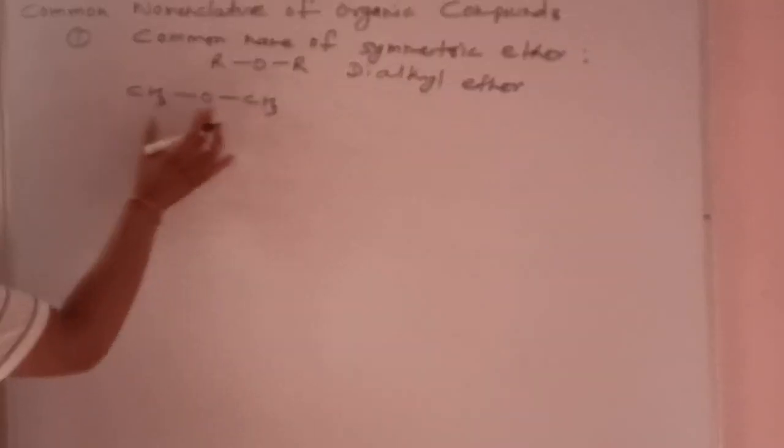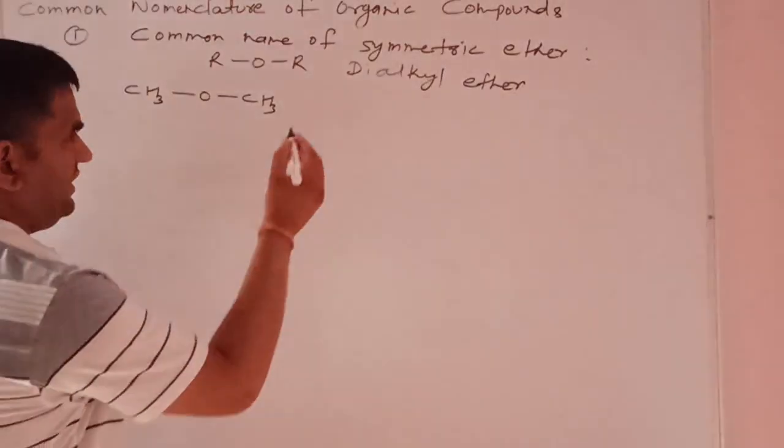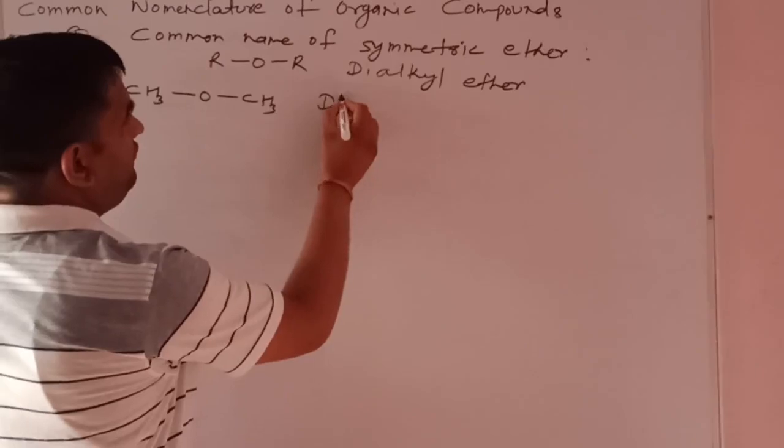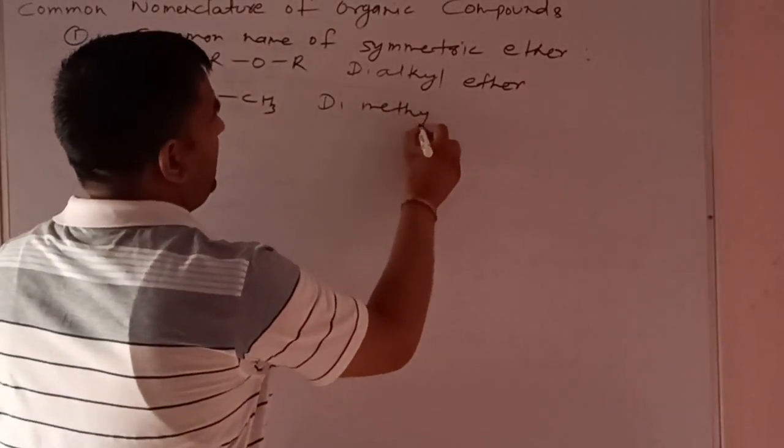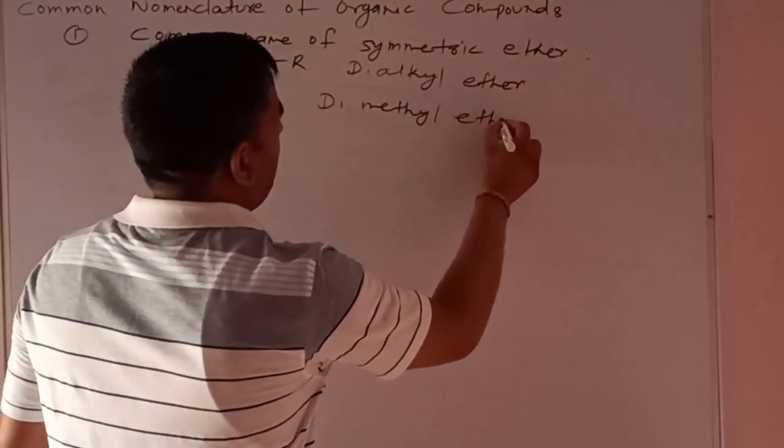First example of symmetric ether is CH3OCH3. In this ether the first group is methyl and the second group is also methyl. So the common name of this symmetric ether is dimethyl ether.